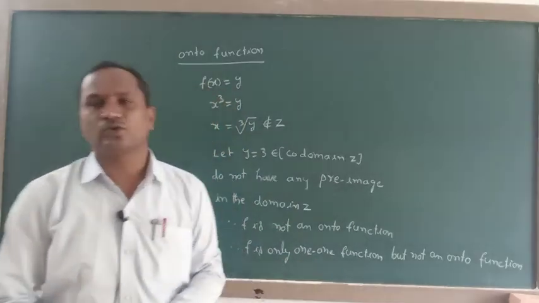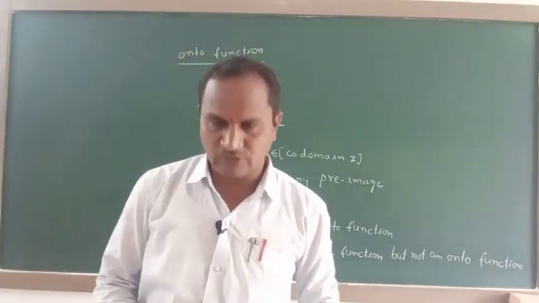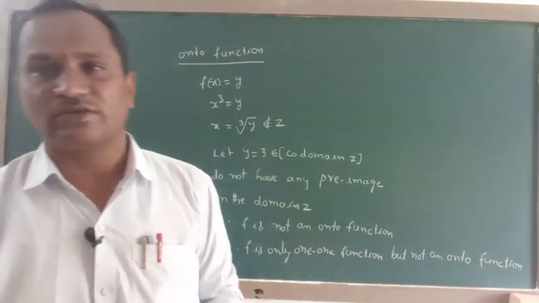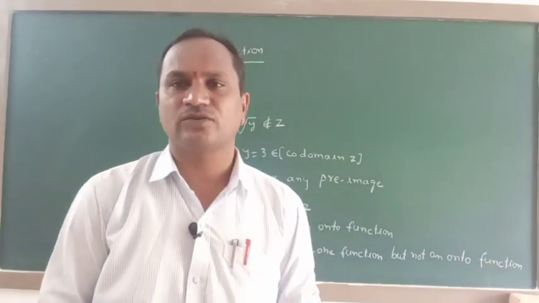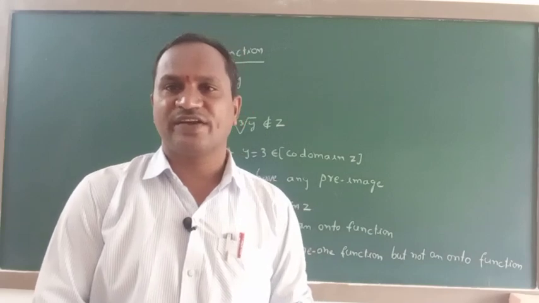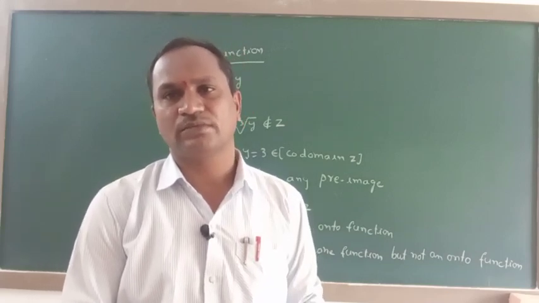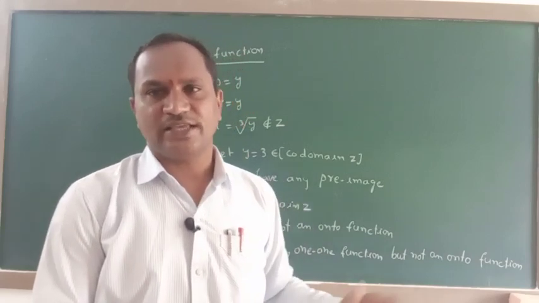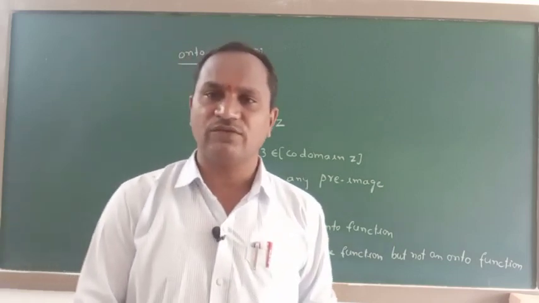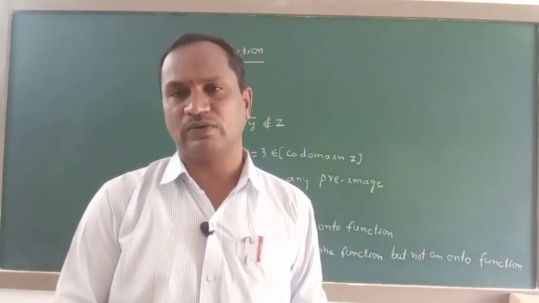Like that we proved 2 questions. f of x equal to x square is defined from N to N, and f of x equal to x cube is mapped from Z to Z. In case of these 2 functions, f is only one-one but not an onto function.